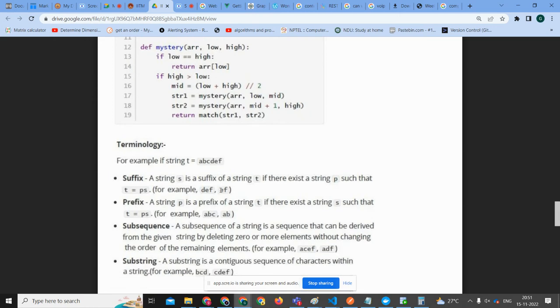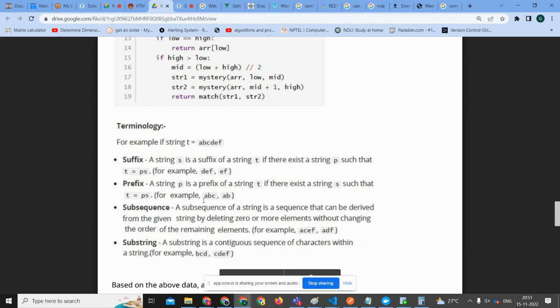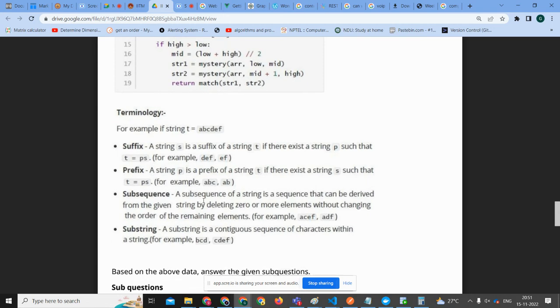Because if it is in between, then it will be called a substring. If it is at the beginning, it will be called a prefix. If it is at the end, it will be called a suffix. A substring is a little different, right? A substring should be continuous, that's the only condition.